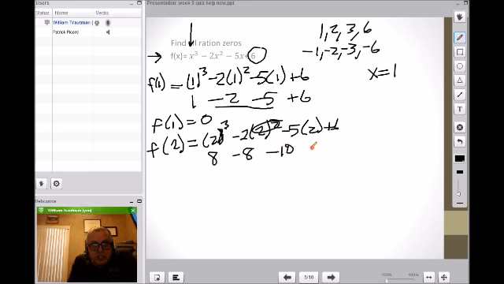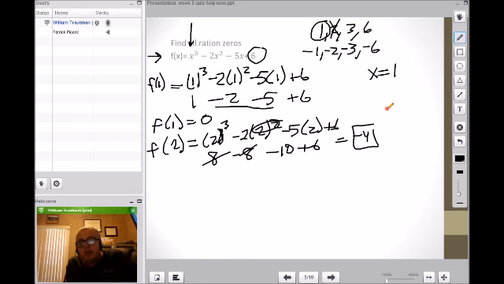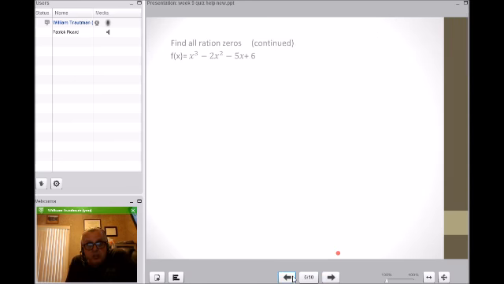This is negative 10, and this is plus 6. These two turn to 0, and this equals negative 4. So f of 2 equals negative 4. Do you see? 2 is not a solution because it did not equal 0. You can plug in all of these, or you can do long division. I'm going to do the long division.